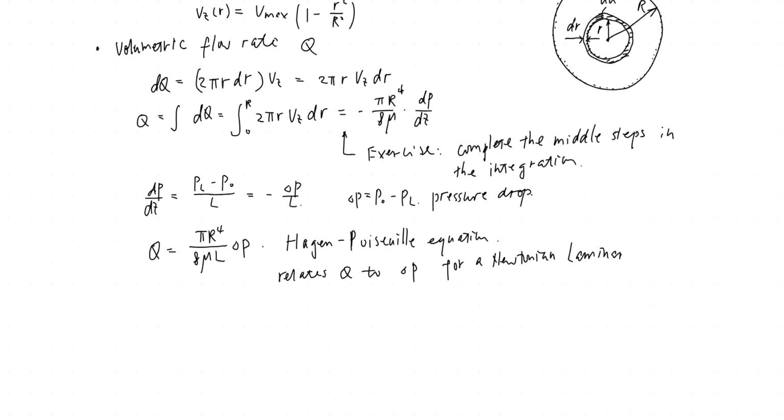Q is volumetric flow rate, delta P is pressure drop.